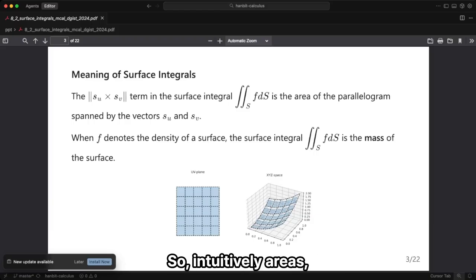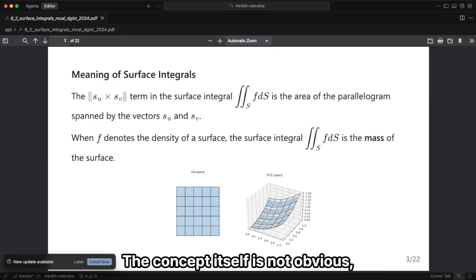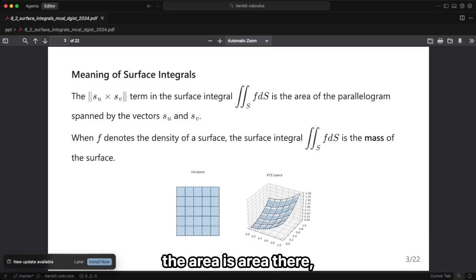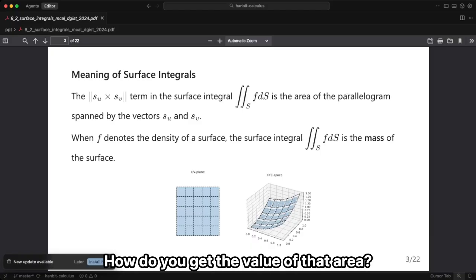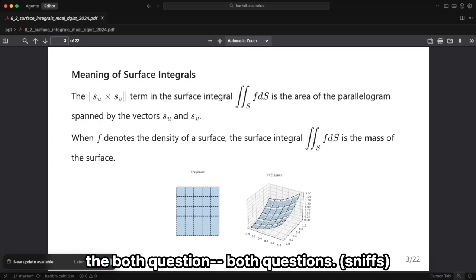So intuitively, it's kind of obvious that you have a surface and its area is its area. But there are two things. The concept itself is not obvious. And the second thing is, if you just accept the area is the area there, how do you get the number? How do you get the value of that area? The surface integration answers both questions.